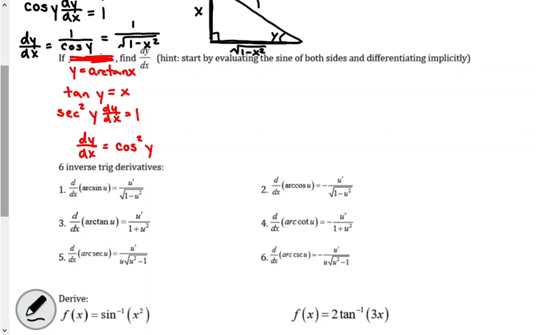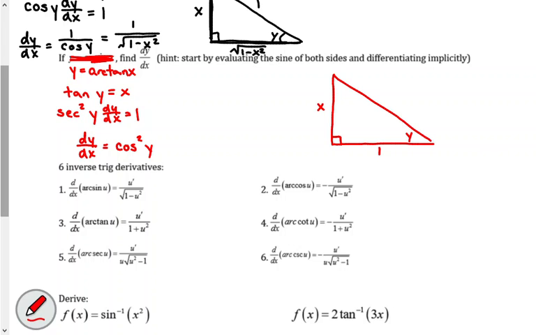Where's the formula? I need to draw my triangle. And we'll start with what we know. We know this is y, and we know tangent of y is equal to x, which means opposite over adjacent. Okay.